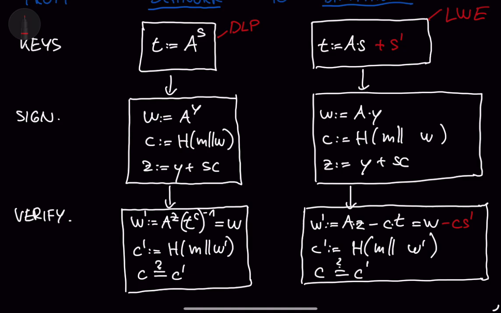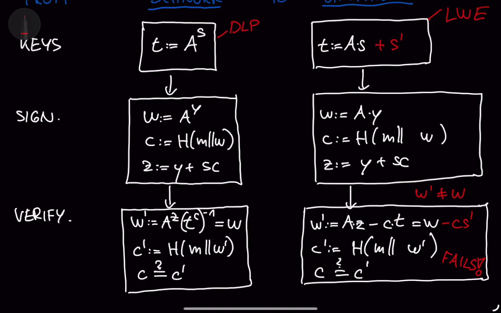So this noise just affects this equation. And now the problem is obvious. If there's noise, and this adds to the equation for W, in this case minus C S prime, we get that W prime isn't W. And that would mean that the signature verification fails, because C can never be C prime.